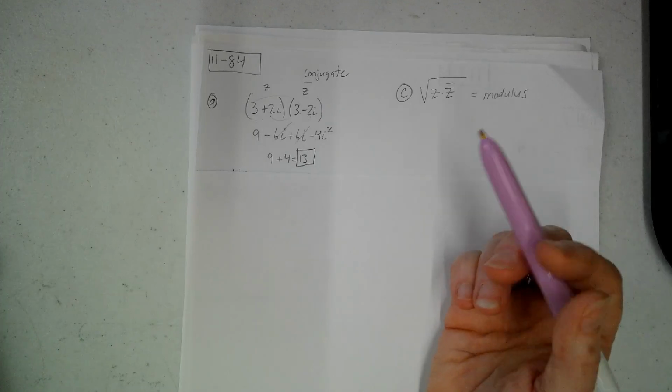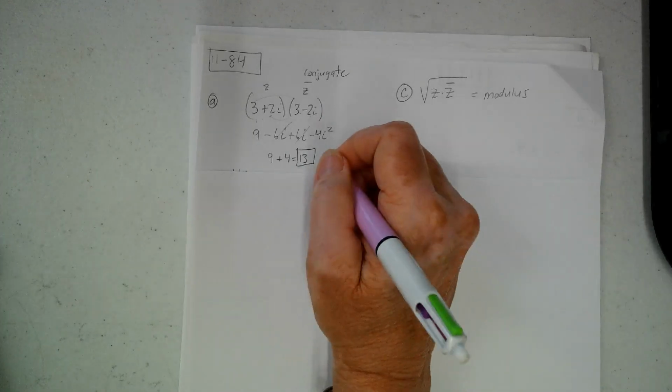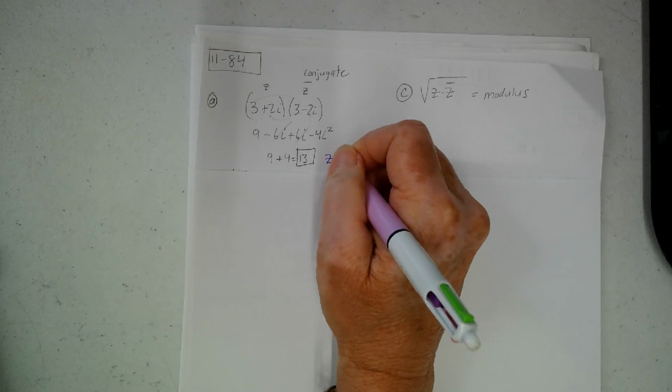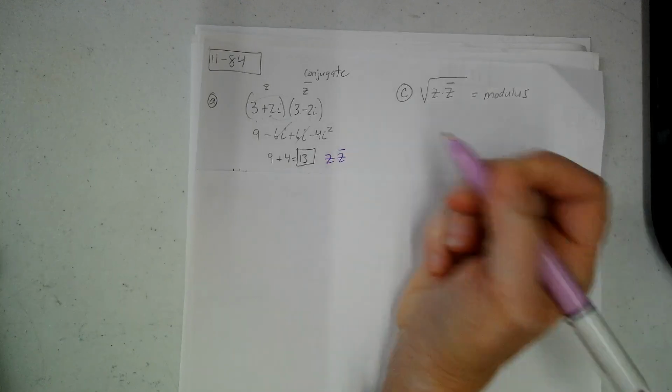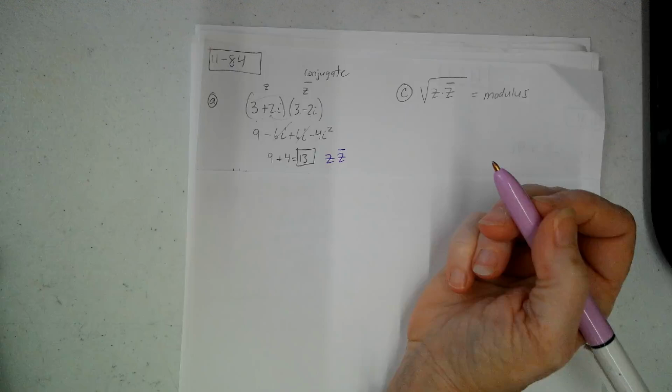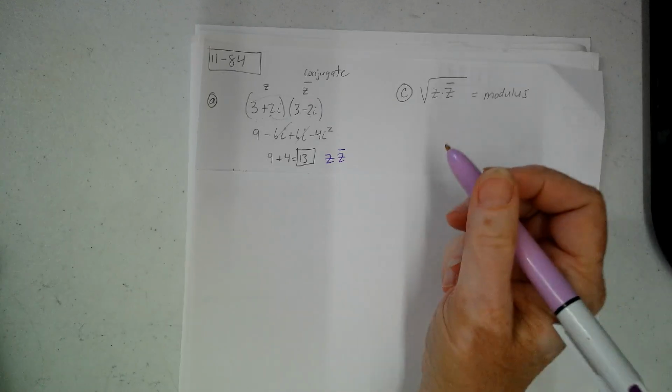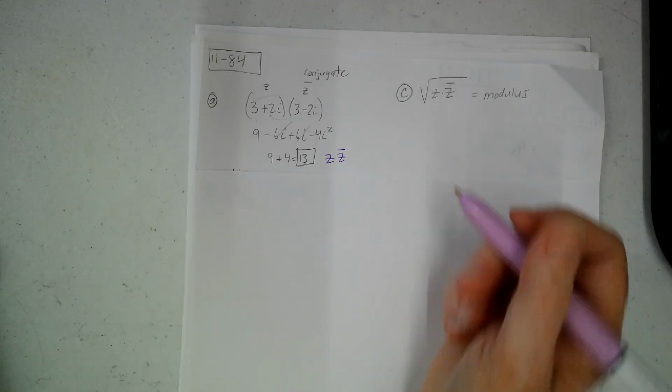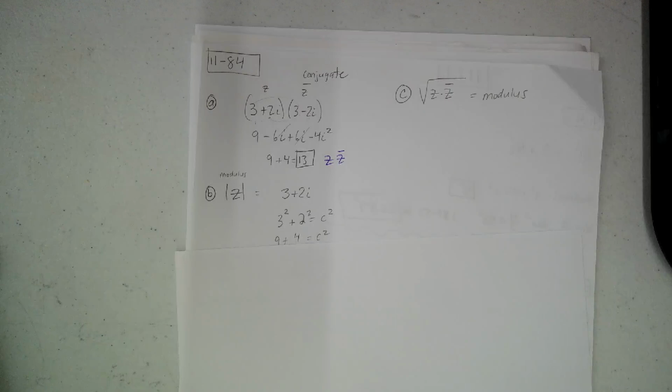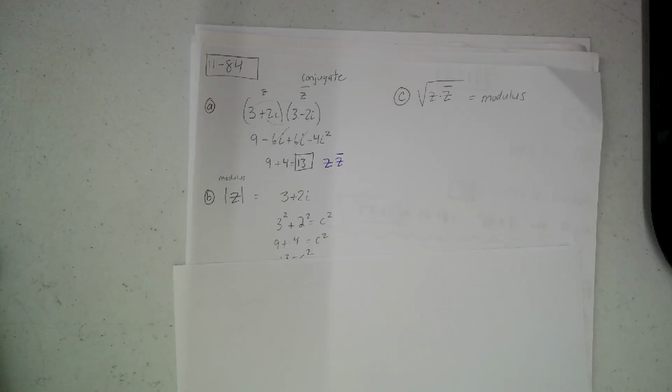That's what they wanted, the value of z times its conjugate. When you put them right next to each other, it means multiply. I didn't do the w's and the v's, but I would do them the same way.